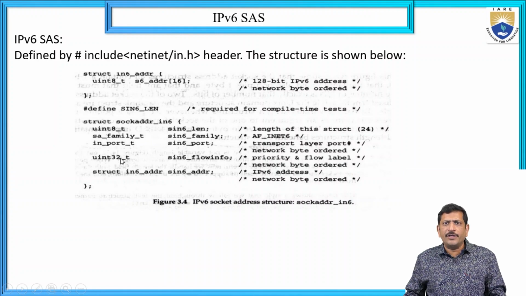Unsigned integer of 32 bits is sin6_flowinfo; priority and flow labels can be utilized here. Then struct in6_addr sin6_addr, the internet address in network byte ordering. This is an IPv6 socket address structure, the sockaddr_in6, the internet socket address for IPv6.